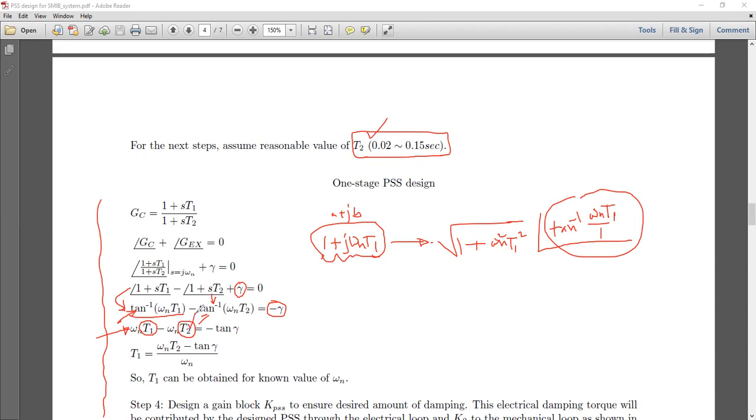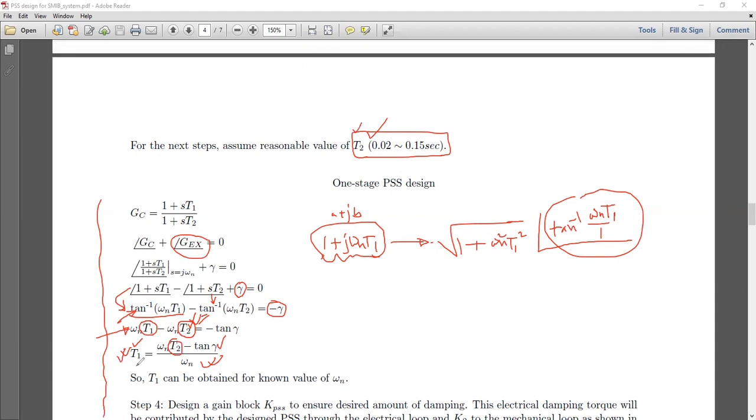Now, because we have some assumed value of T2, you can simply calculate T1. You simply change the sides and you are left with T1, the required parameter. So this will give you the value of T1. Gamma is already calculated. This is the angle of GEX, calculated in step number 2. T2 is assumed here.